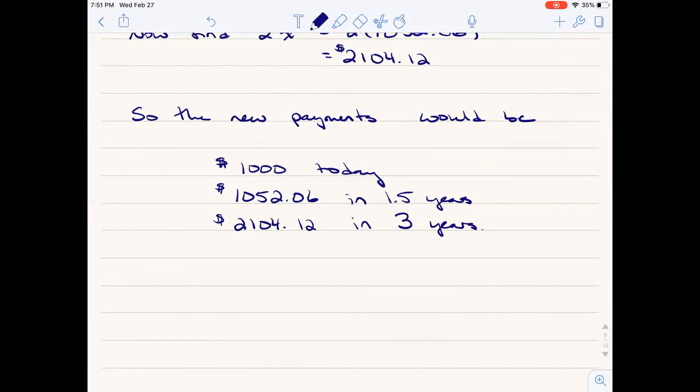This payment plan, right, is equivalent to the other one, the old one, because we force them to be the same on the same date. Any questions about that one?